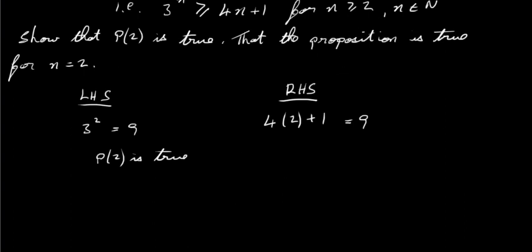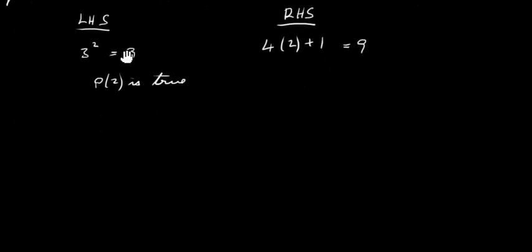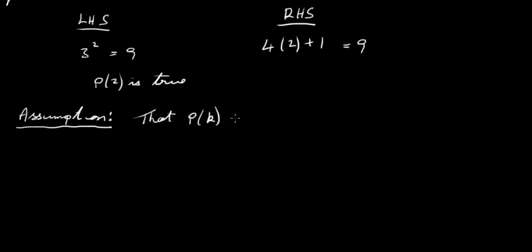Okay, so now we're going to go on to part 2 then. Now we've got to make an assumption here first. So our assumption here is that the proposition is true for some value that we'll call k, so that our proposition is true for Pk, for some value k.